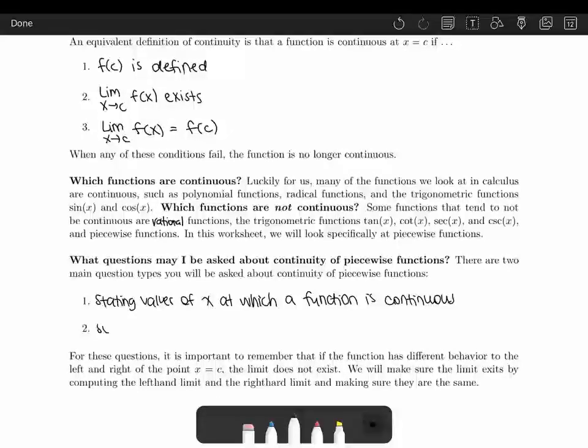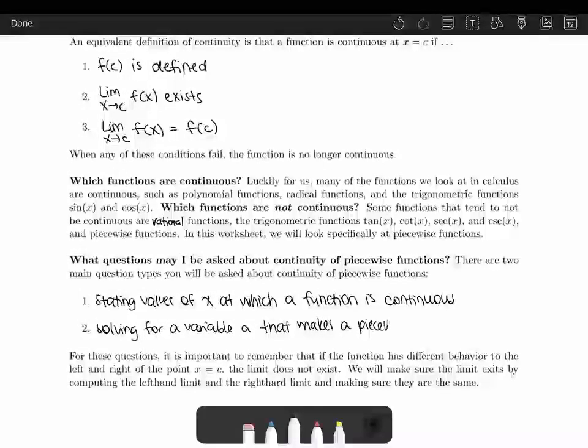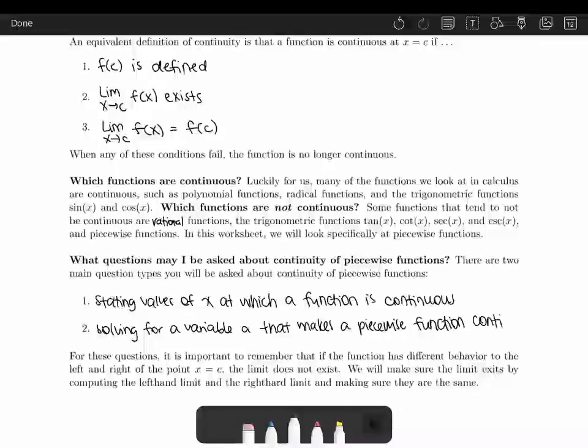Next is going to be solving for a variable a that makes a piecewise function continuous. So these are the two question types.